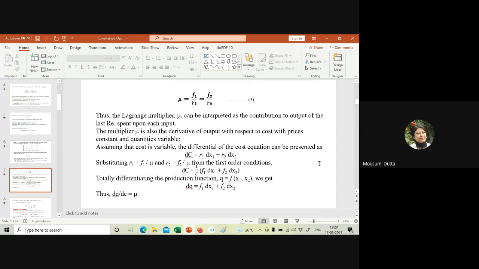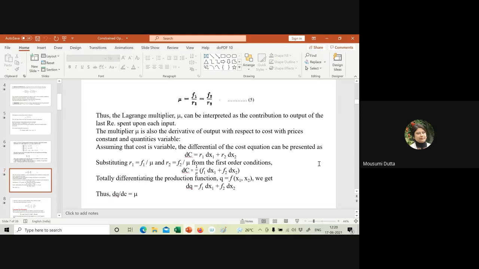Now coming to the interpretation of the Lagrange multiplier. Now mu can be written as f1 by r1 is equal to f2 by r2. Thus, the Lagrange multiplier mu can be interpreted as the contribution to output of the last rupee spent upon each input.